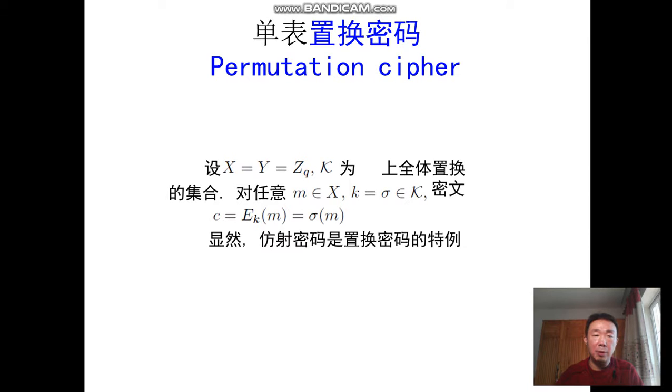The left column is plaintext letter. The right column is ciphertext letter. And because the English alphabet has 26 letters, the table has 26 rows.